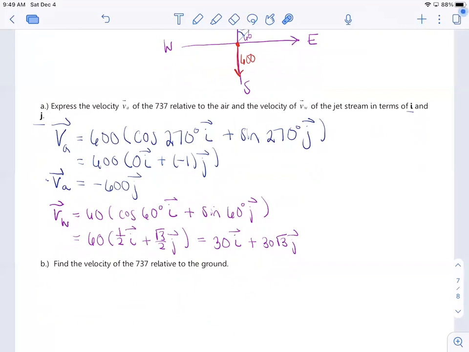So to figure that out, we're going to add these two vectors together to see how that jet stream is acting on the aircraft. So we're going to do V sub A plus V sub W. So it's negative 600j plus the other one.